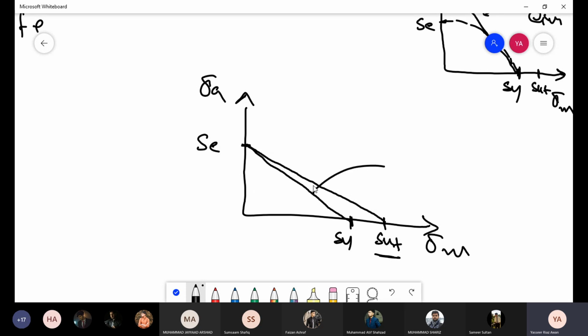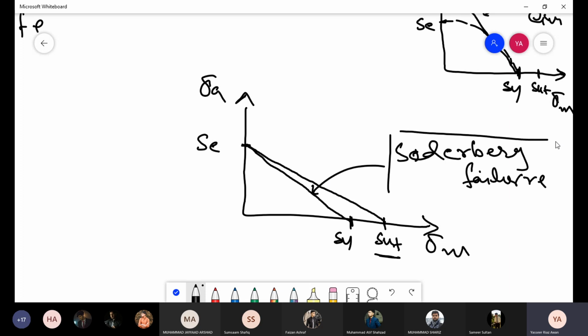Obviously someone had done that before us. So this is called the Soderberg fatigue failure criterion. And this line has an inbuilt yielding check. So this is the only criterion where you don't need to use it with the Langer line, because all the points lie below the yield line and also lie in the infinite life region.